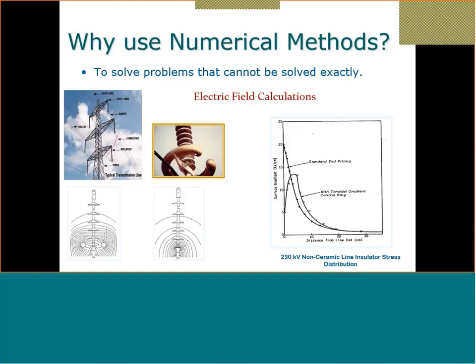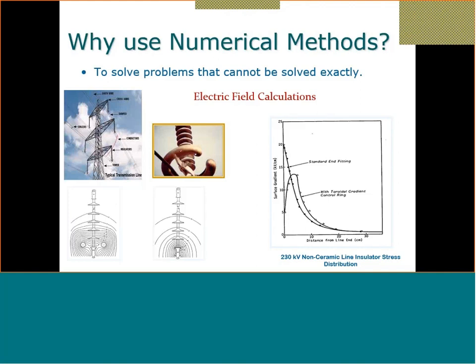So it's a very complicated system. We need to calculate the electric field along the surface of the insulator, because if the electric field is high enough, it might cause damage to the insulator. So we need to know how much the electric field is.